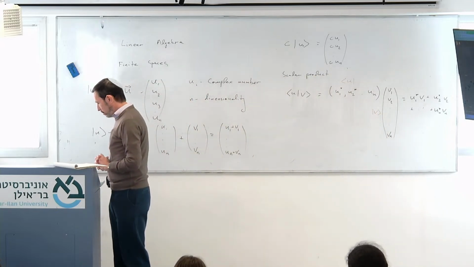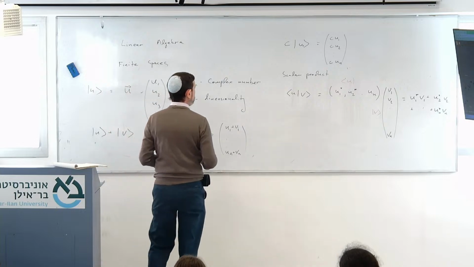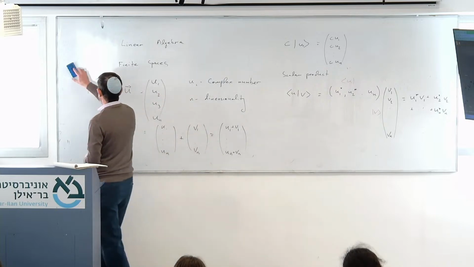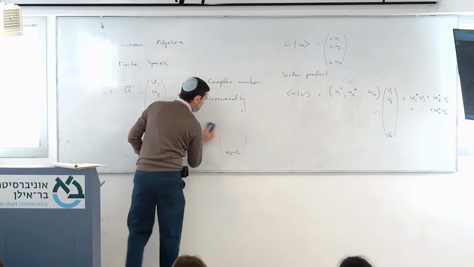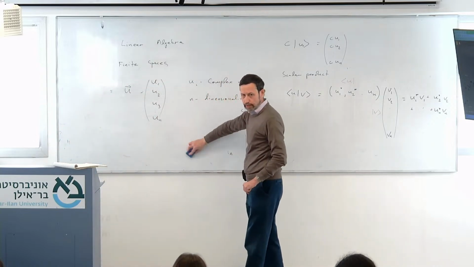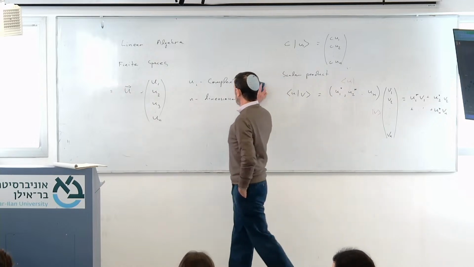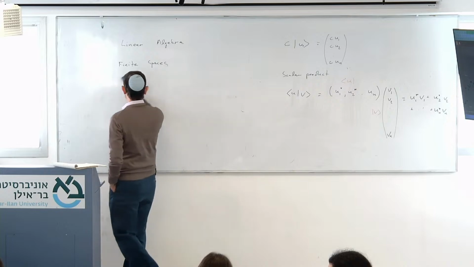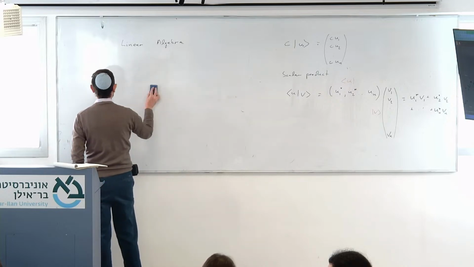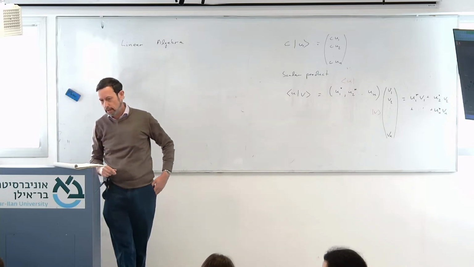Okay, so what do we know about scalar products? The whole list is basically trivial. I could give it as a home assignment because there's nothing really new in it.